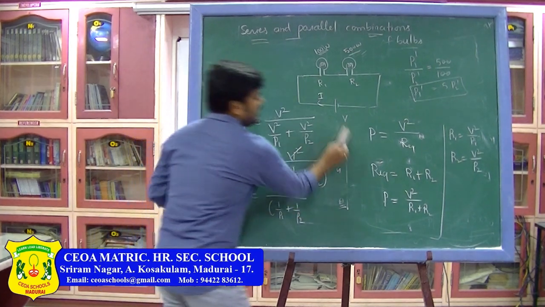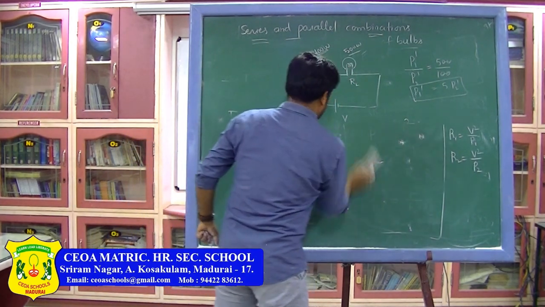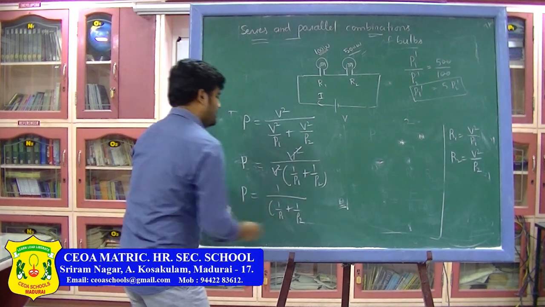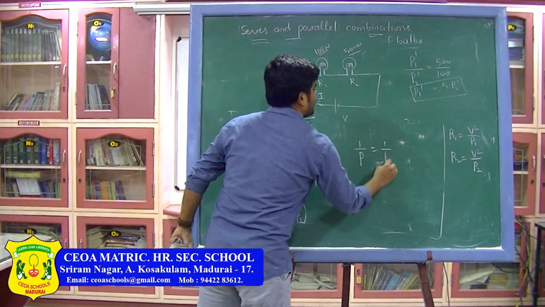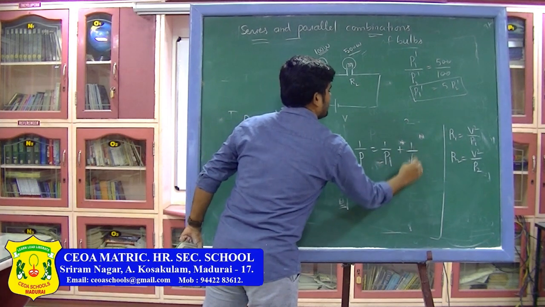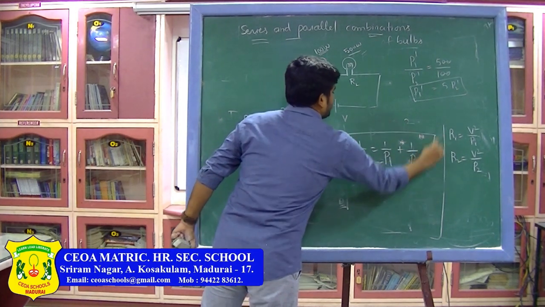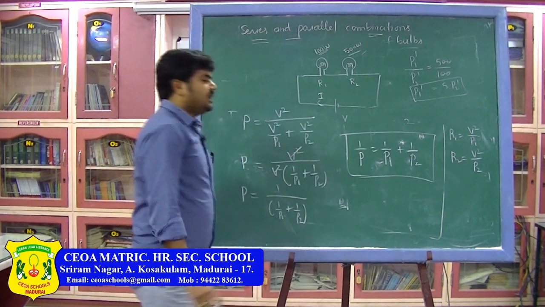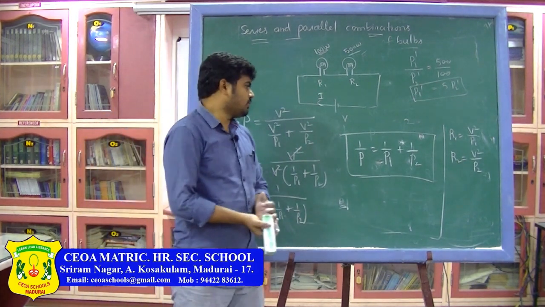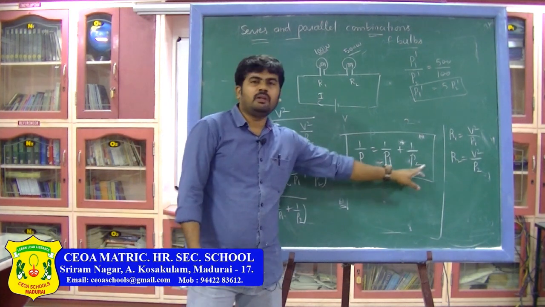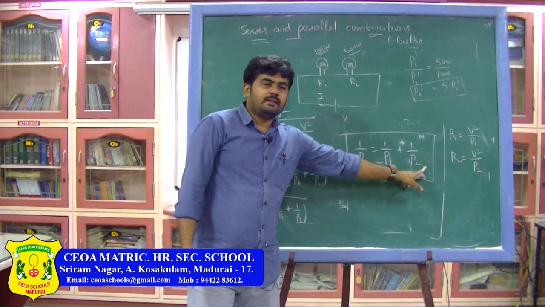Now rearranging the terms, so here if you cross interchange the terms, you will get 1 by total power is equals to 1 by power of the first bulb plus 1 by power of the second bulb. So this is the equation for series combination of two bulbs to find the total power in terms of their individual power values in series combination.